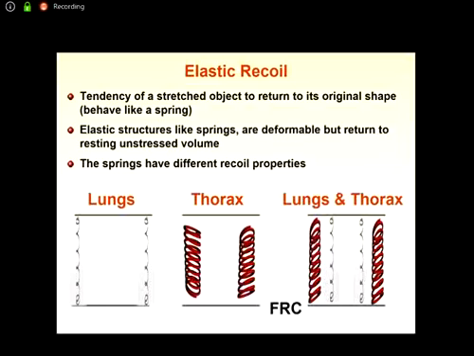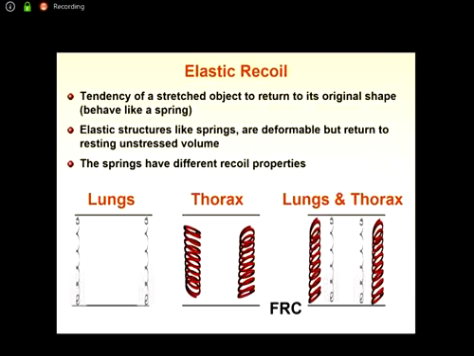So when you look at these springs in the lungs and the chest wall, and then together, imagine yourself holding a spring with your two hands, grabbing the two ends of that spring and you overstretch that spring.